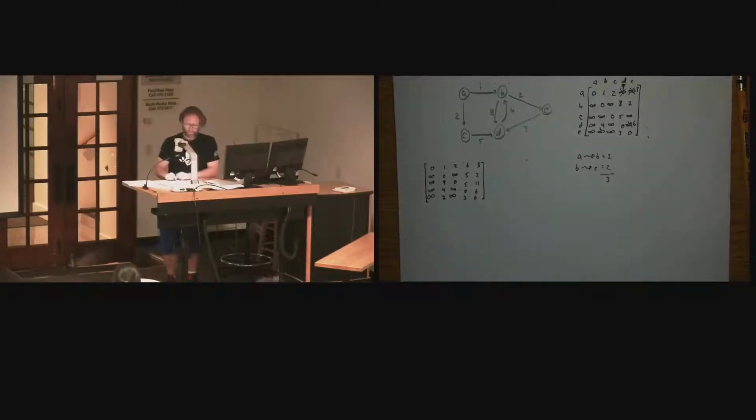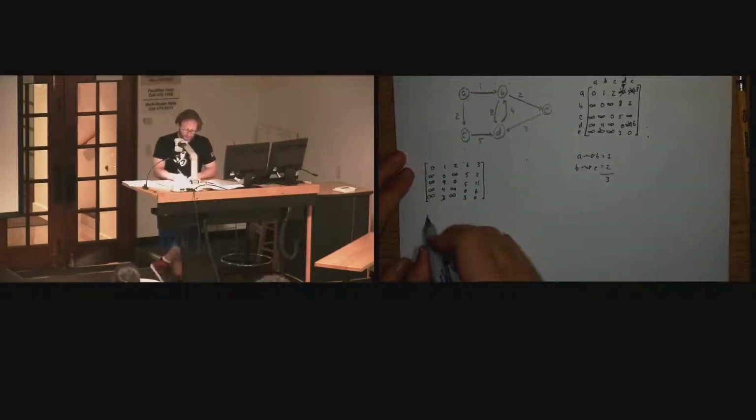There. Now, the successor matrix would look something like this. Nothing, B, C, B, B. Nothing, nothing, nothing. D, B, D, and then nothing, nothing, nothing. Nothing, nothing, nothing.